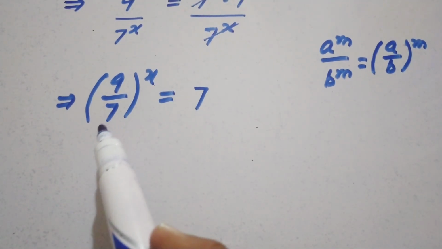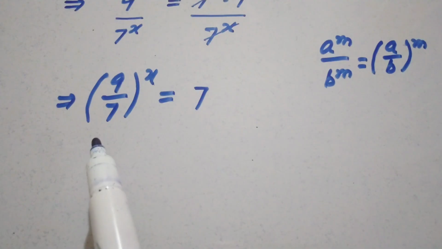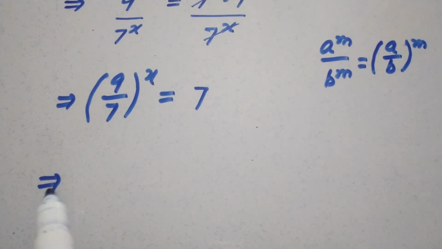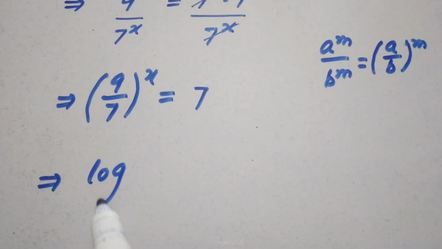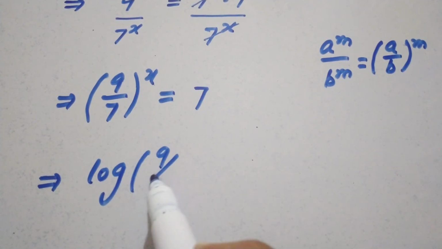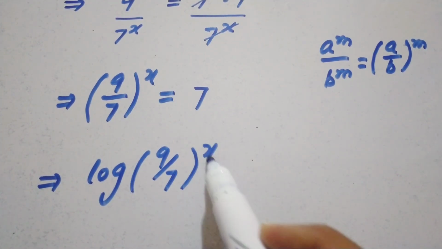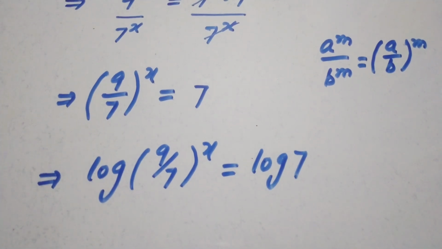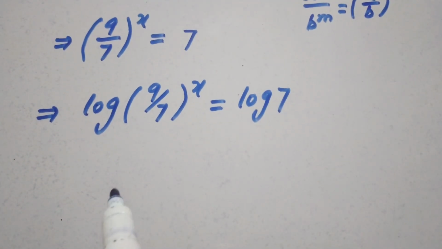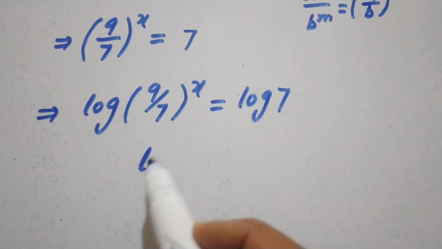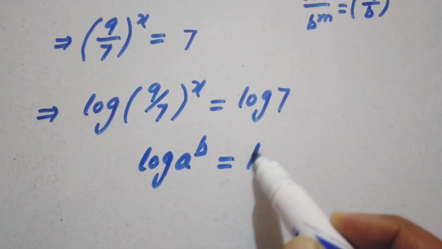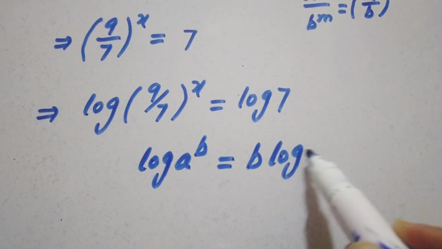As we are interested to find out the value of x, now taking log on both sides. So this will become log of 9 divided by 7 whole power x is equal to log of 7. Now by using a logarithmic property that if we have log of a to the power b, this is equal to b log of a.